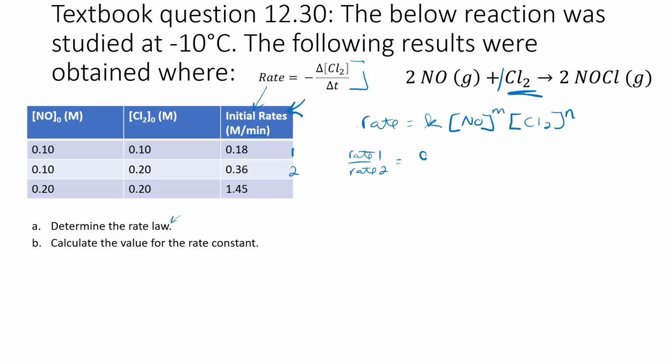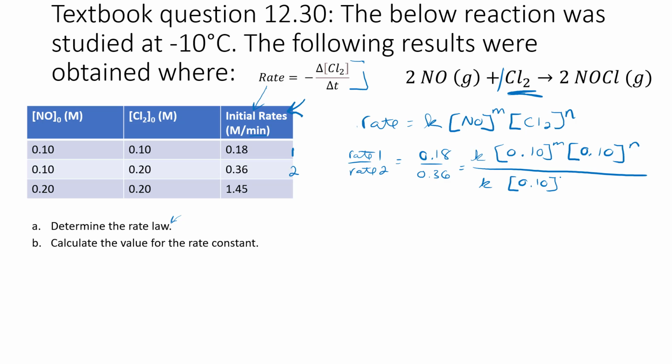And those equal 0.18 over 0.36 equals k times my NO, which is 0.1 raised to the m, times 0.10 raised to the n, all that over k times 0.10 raised to the m, 0.20 raised to the n.